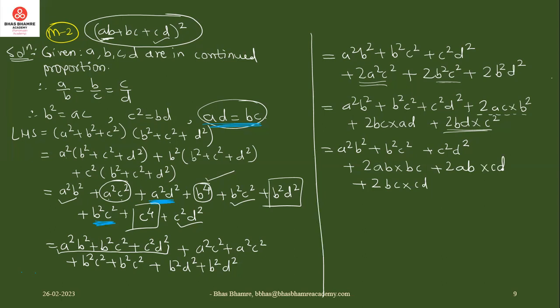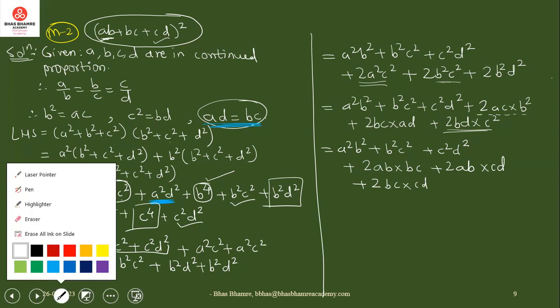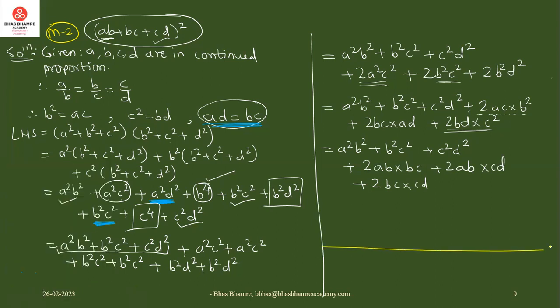Now you can compare with our well-known opening of x plus y plus z the whole square, which is x square plus y square plus z square plus 2xy plus 2xz plus 2yz.